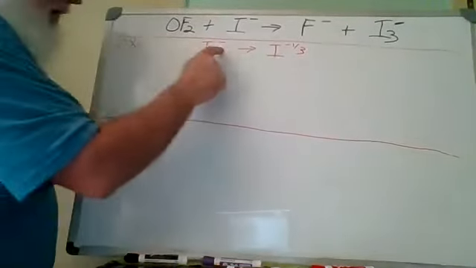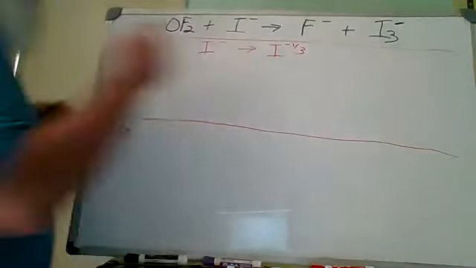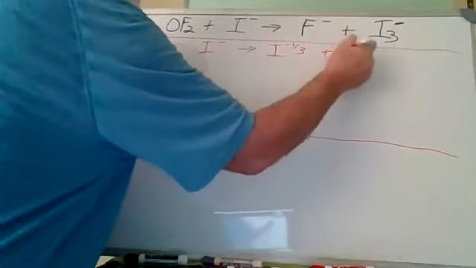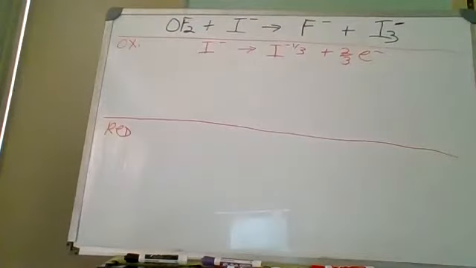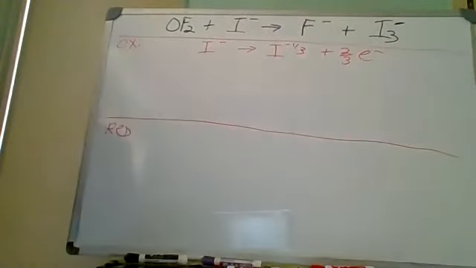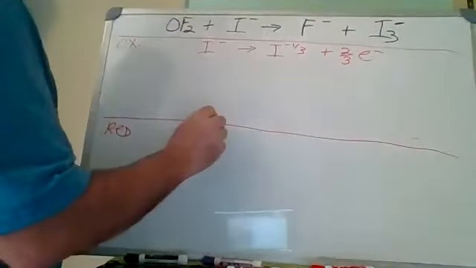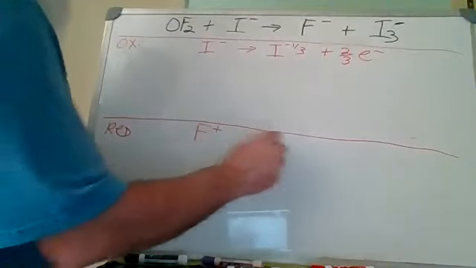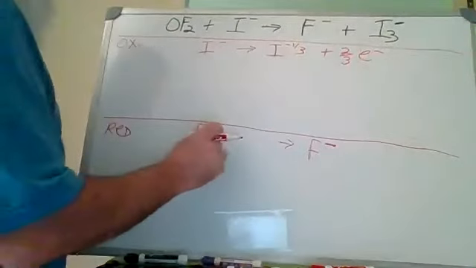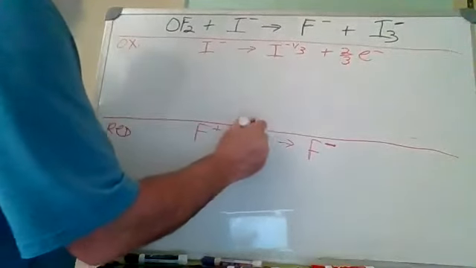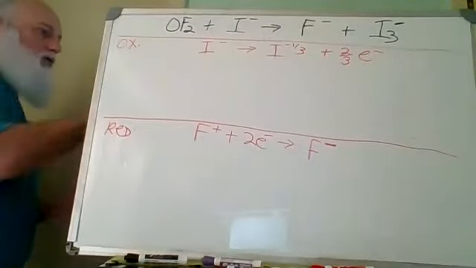The difference between -1 and -1/3 is 2/3, so 2/3 of an electron is being released. And we said the fluorine atom was being reduced. The fluorine started out at +1, and it ended up at -1, so it must have gained 2 electrons to do that.